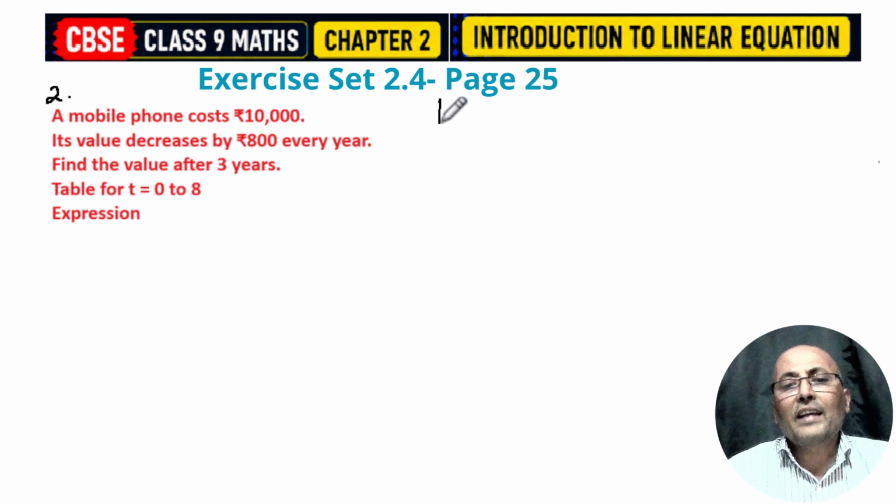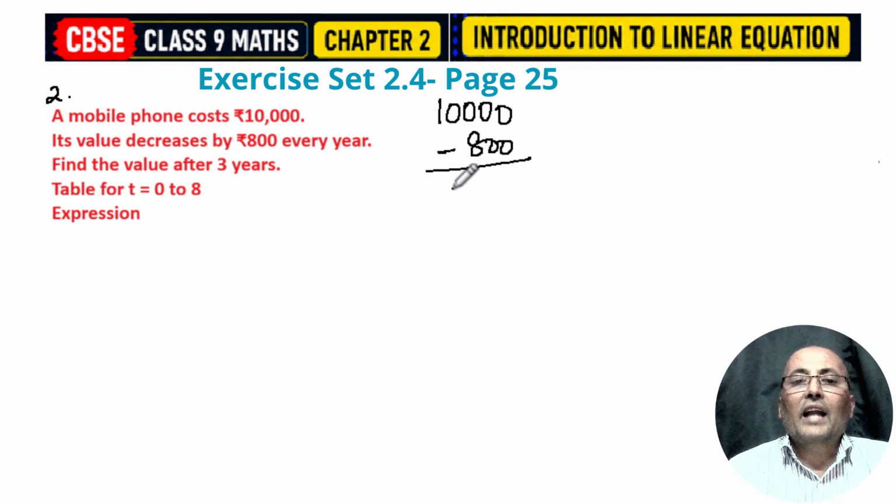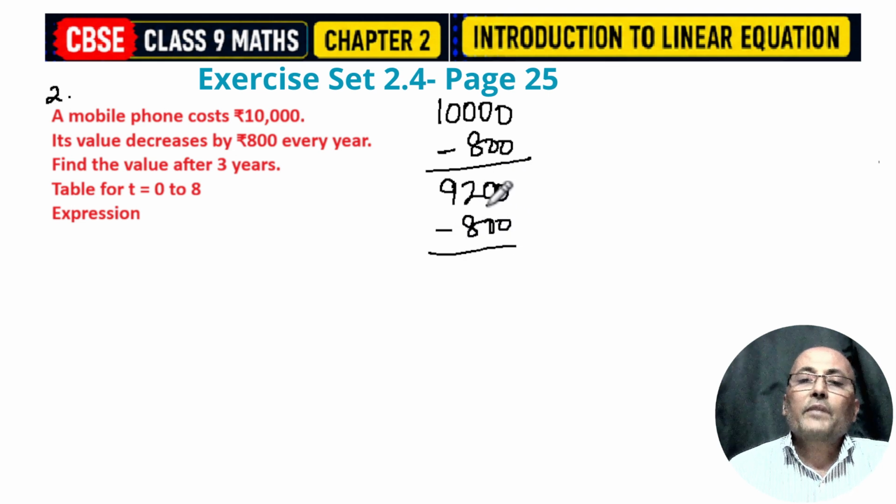What is that? 10,000 minus 800 for the first year. It will be 9,200. Then again minus 800, it will be 8,400.